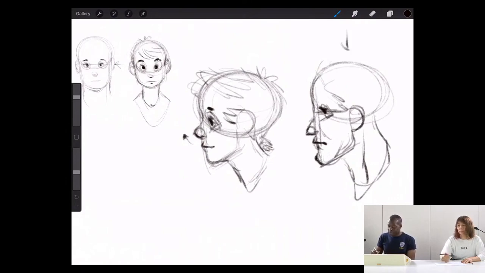Of course, this jaw is harder and more out, the nose is down like that, and this neck is quite developed.